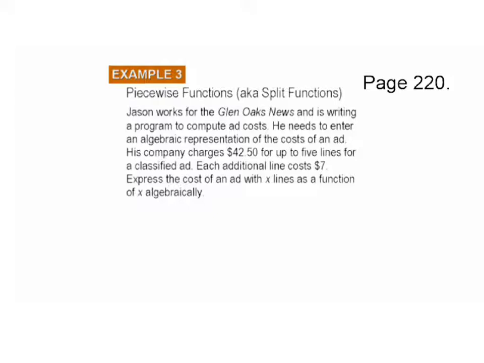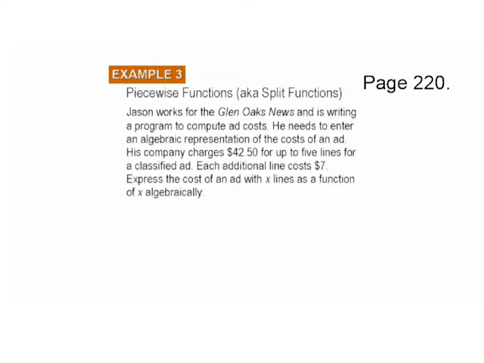His company charges $42.50 for up to 5 lines for a classified ad, and each additional line costs $7. Express the cost of an ad with x lines as a function of x algebraically. That's a lot of fancy words. What they want us to do is to determine how to write an equation that would represent these situations.